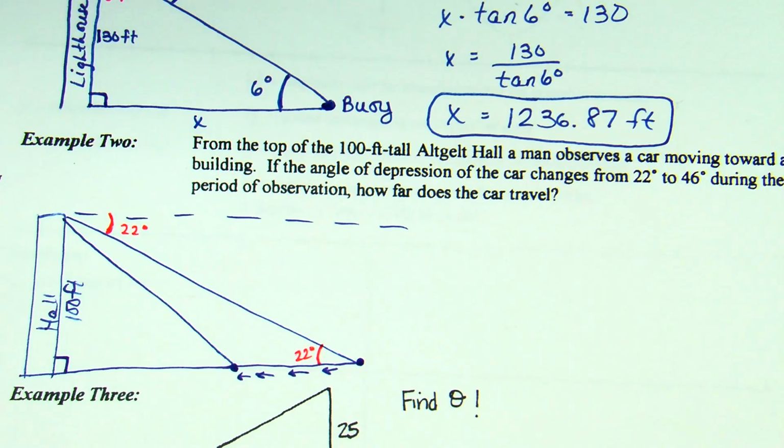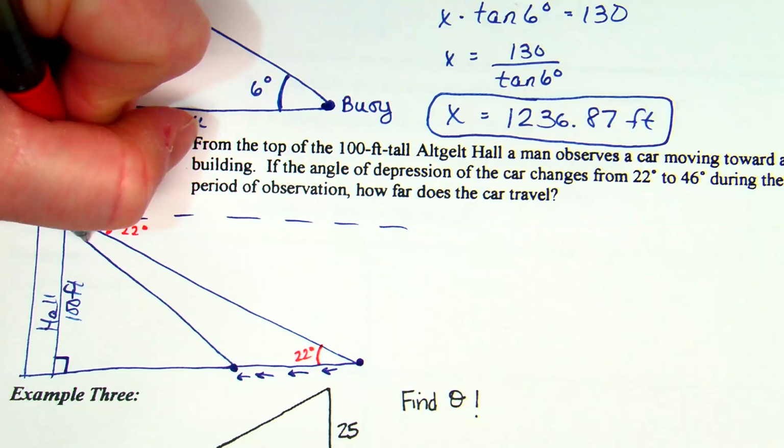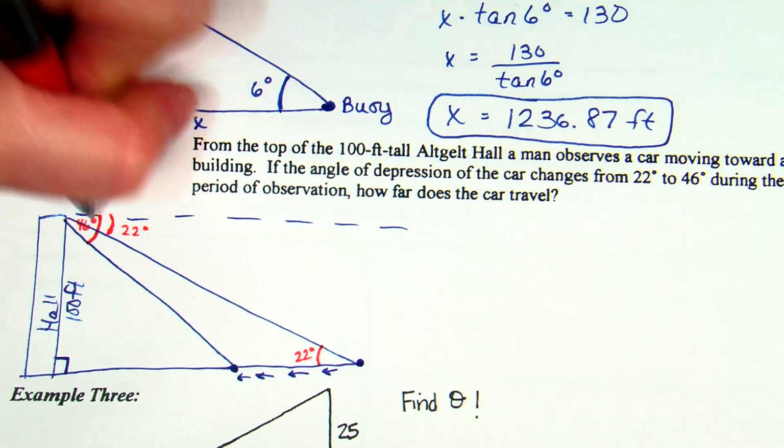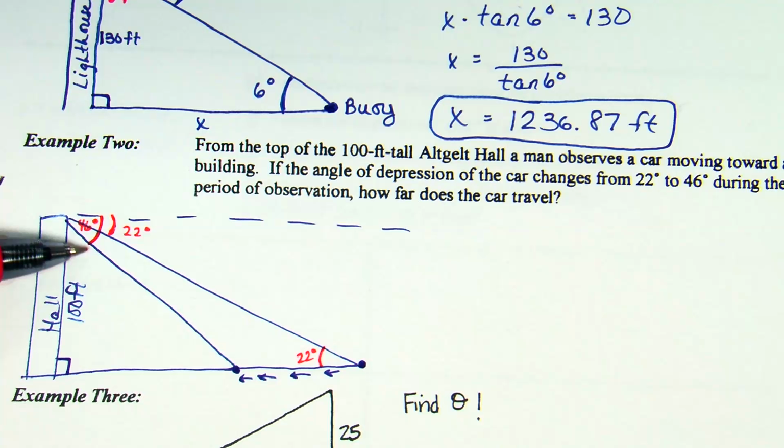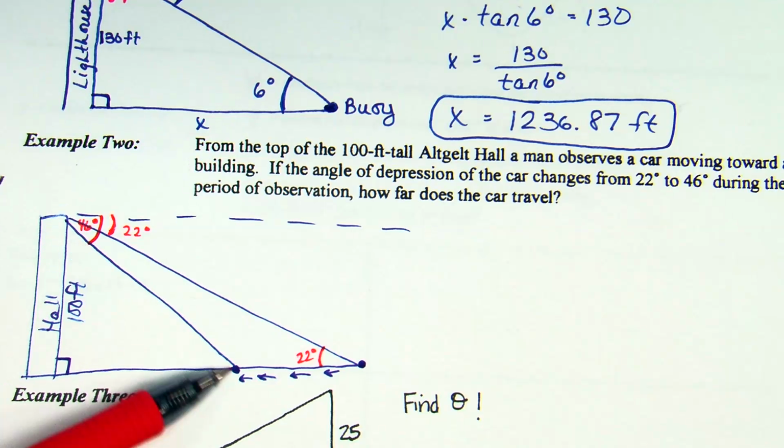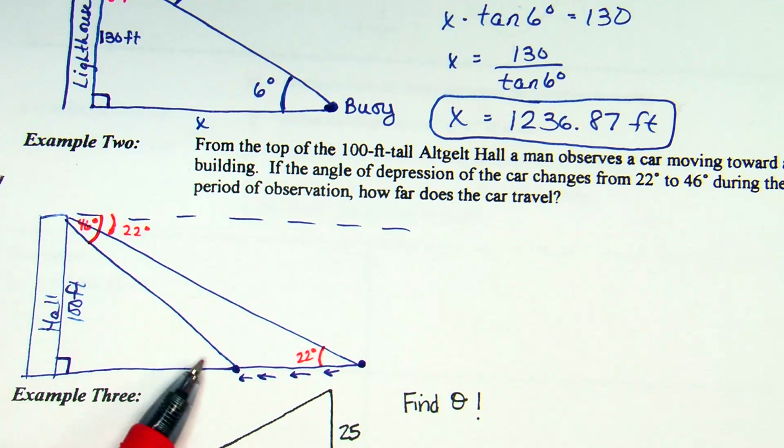Now it changes from 22 to 46. Where's the 46? Okay, so this 46 is down to the second location. Okay. Where's 46 down below? It's inside this other triangle, right?